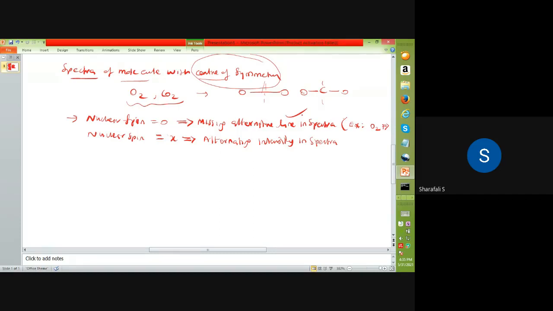So if you are making a new molecule, a new molecular structure, and you study it under Raman spectroscopy and find that the alternate lines are missing, it means your molecule has 0 nuclear spin. If the lines have alternating intensity, it means it has a center of symmetry but the nuclear spin is not zero. In the previous case, it has central symmetry with nuclear spin 0. So you will get information about the molecule by studying this.